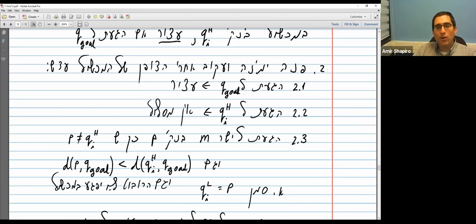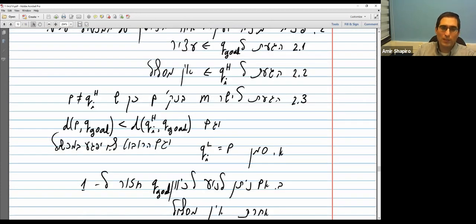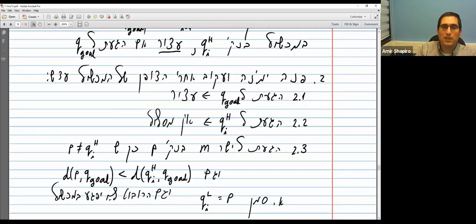Then follow the boundary of the obstacle until you reach Q goal, then stop. If you reach Q hit again, there is no solution. You went around the whole obstacle and you didn't find the line again. You cannot leave, so there is no path.